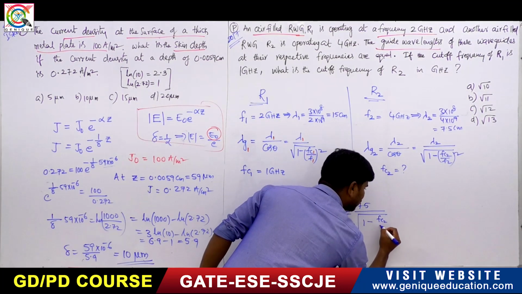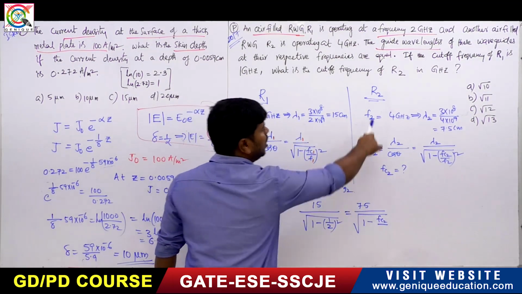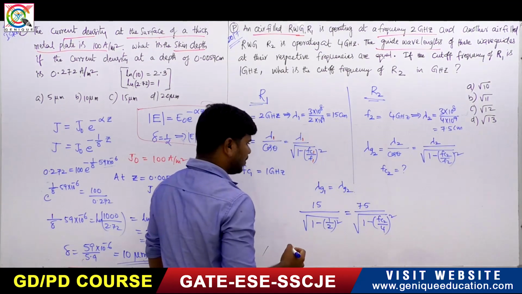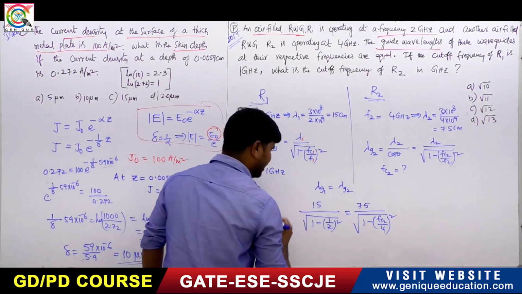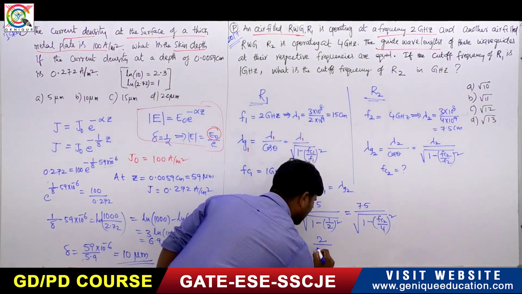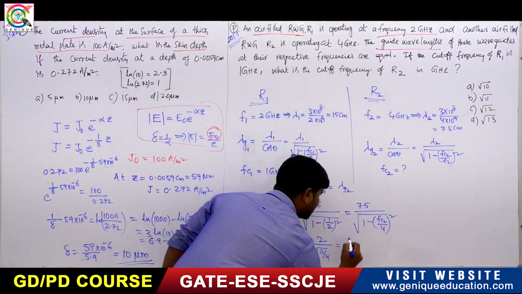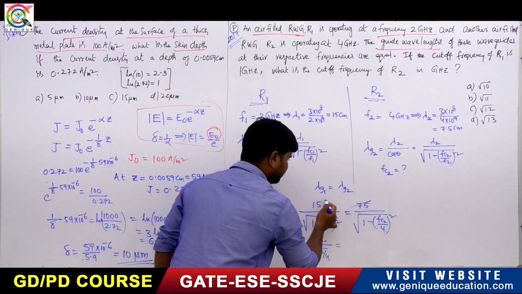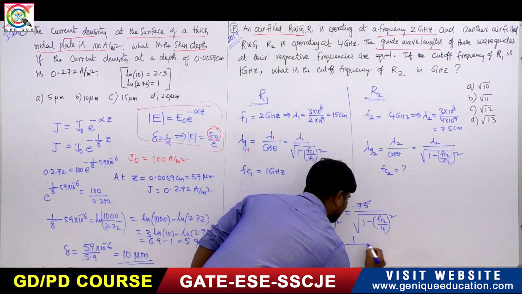If you simplify this, it is 2 divided by root 3 by 4, which equals 1 divided by root over 1 minus fc2 divided by 4, whole square.